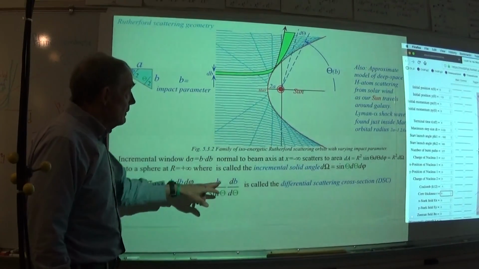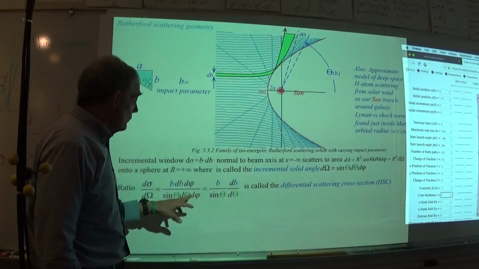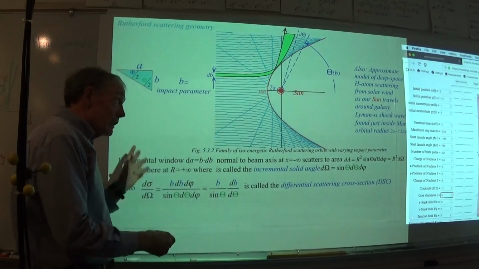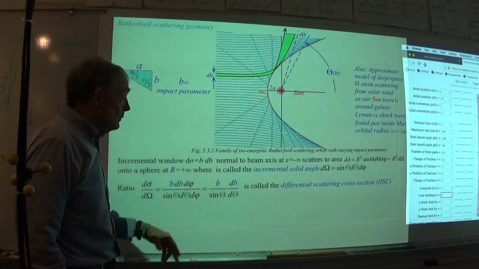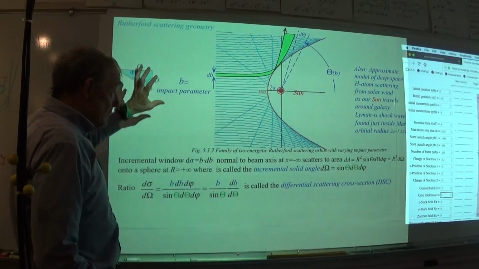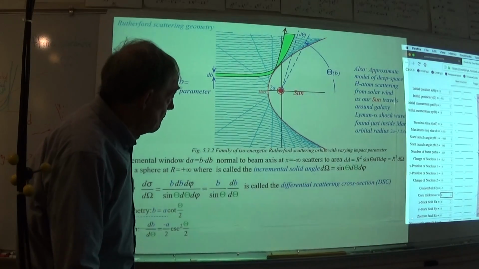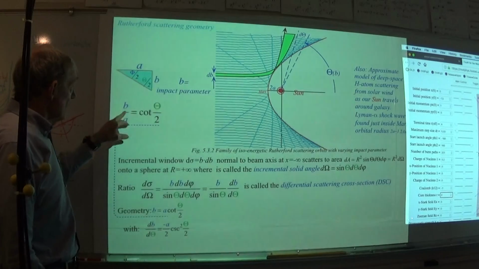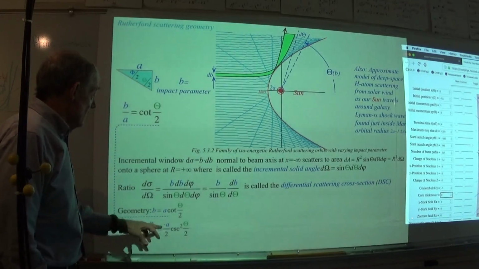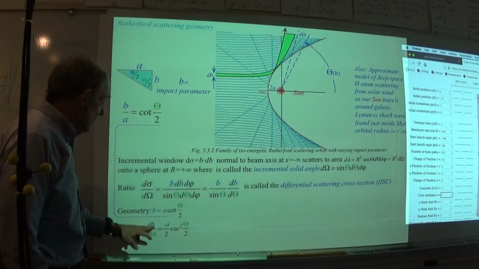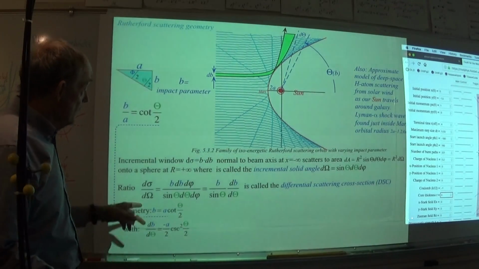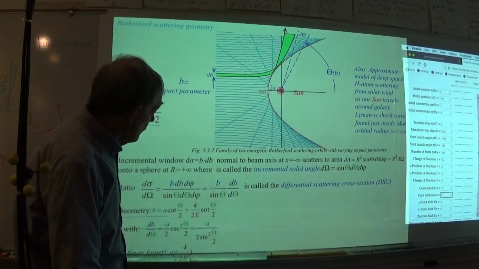It's an actual derivative of b with respect to theta, is what comes up here. This has to have symmetry in order to work, so the azimuthal angle, this angle around the beam, is dropping out. So it's this thing, and by geometry, this b over a is cotangent. Turn that derivative, the db d theta, is then cosecant squared. So we have to put that in. That's, of course, inverse sine squared.